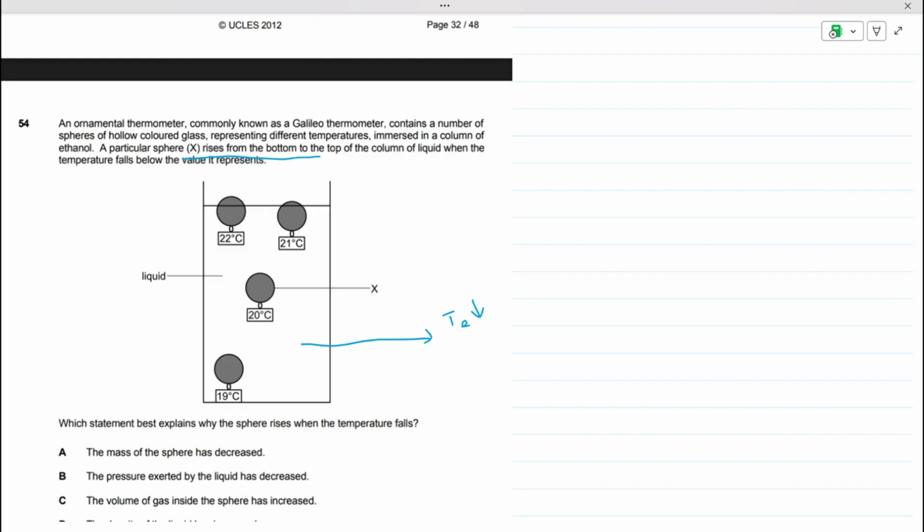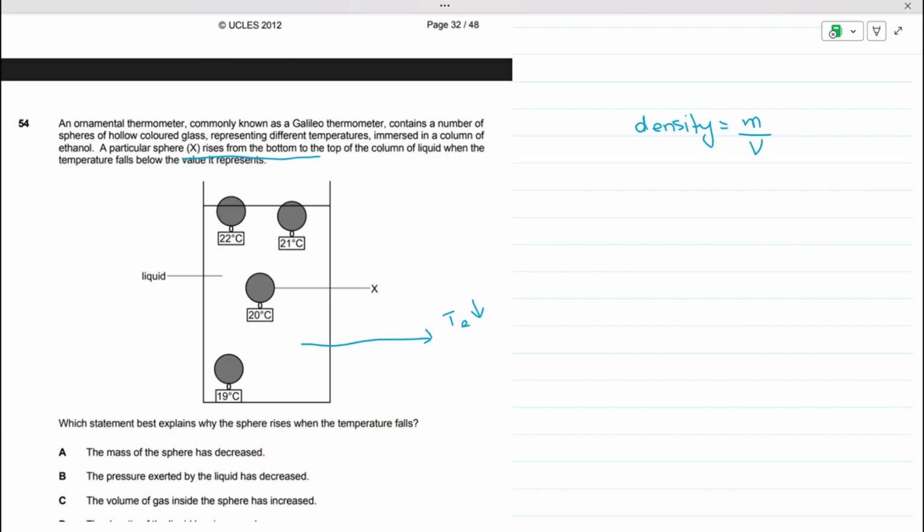So let's take the concept here. The temperature of ethanol is falling, right? If the temperature of the ethanol is falling, what would be the effect on the density? Density is mass per unit volume, or you can say how tightly packed the molecules are.